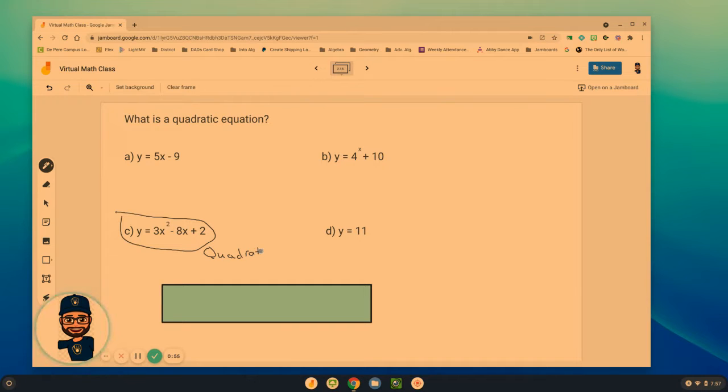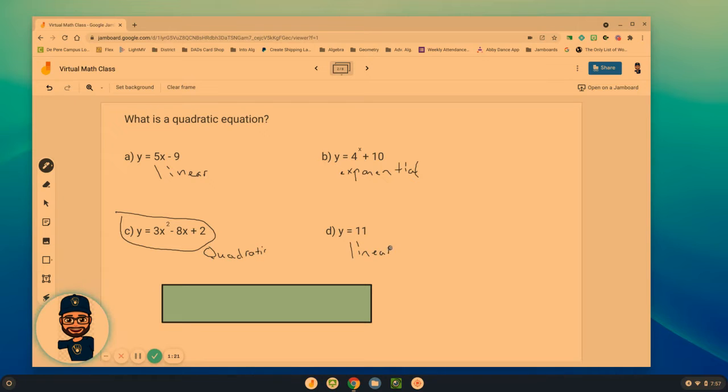Now, I'll just explain the other ones. y equals 5x minus 9 is linear. That looks like y equals mx plus b. Letter B is exponential because I've got an x for an exponent. And y equals 11, believe it or not, is also linear.